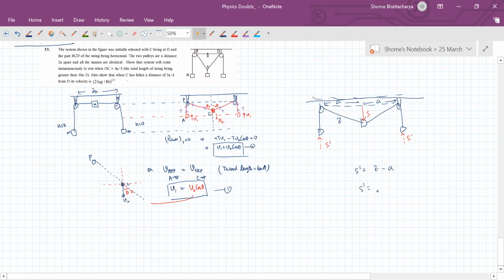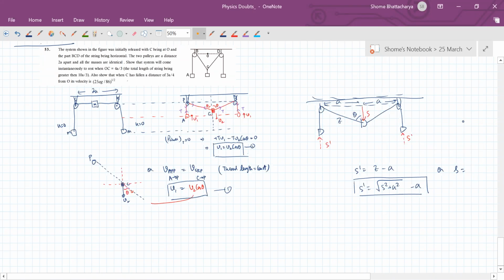So S prime will be Z minus A. Okay. And once again, in terms of theta also we can define them. So you can see A by S is tan theta.